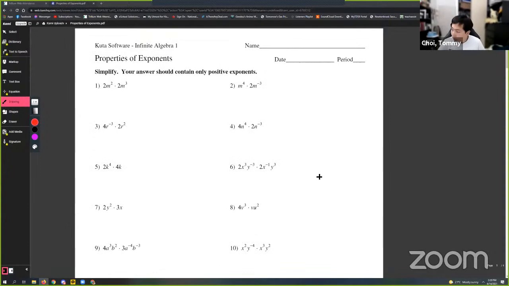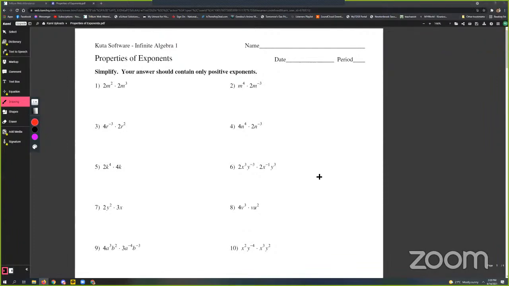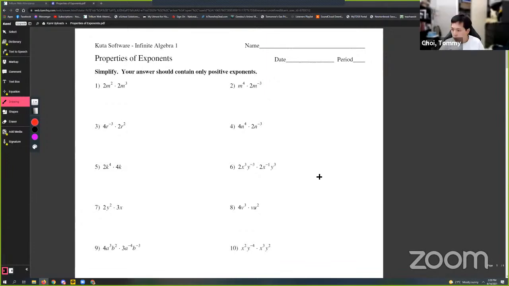When you multiply powers, you add the exponents. When you divide powers, you subtract the exponents. When you have a power of a power, you multiply the exponents. Anything to the power of 0 is 1.